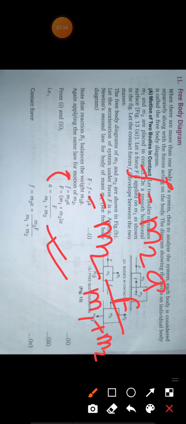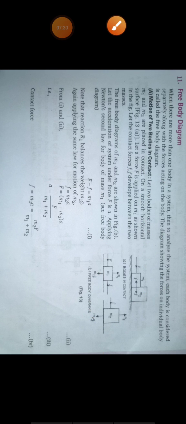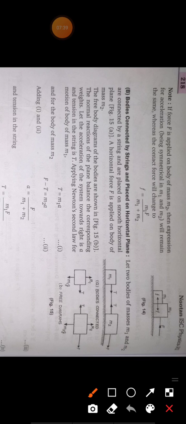So this is the equation of contact force: f is equal to m2F divided by (m1 plus m2). Correct? Now if you apply the external force on m2, not on m1, then your equation will be this one. You can derive it by the previous process.